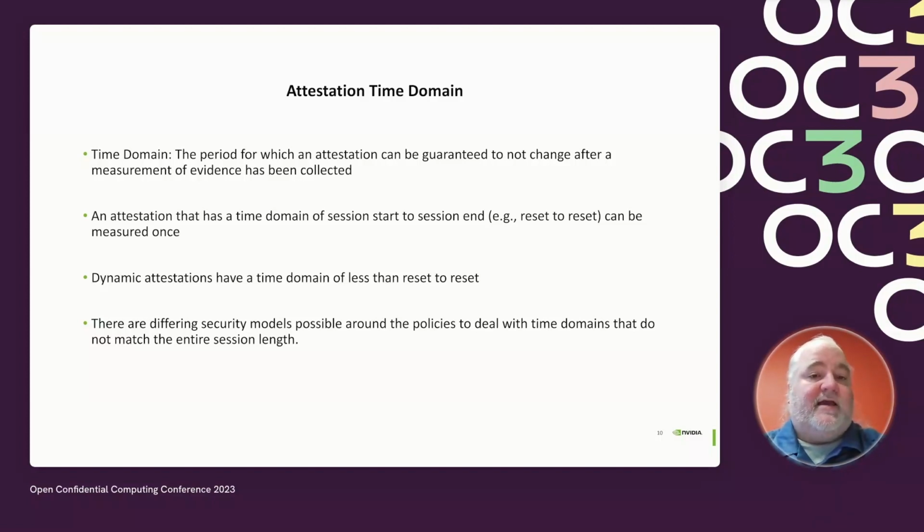That is a security claim that would be made by the entity that is collecting the evidence. In our case, the GPU Security Enclave is guaranteeing that anything that we tell you that has an attestation time domain of full session to session or reset to reset, you can measure once and rely upon going forward.